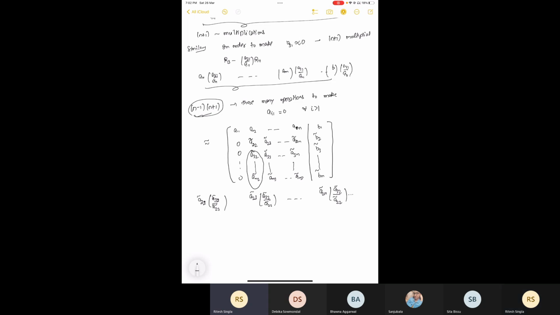Basically, what are we doing? R3 goes to R3 minus a32 tilde upon a22 tilde into R2, right? In order to make this entry 0.